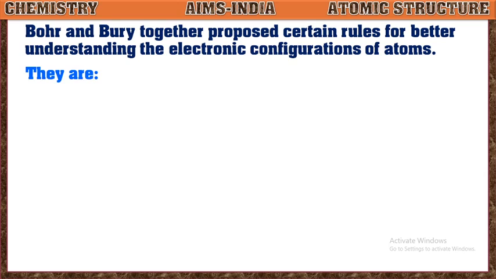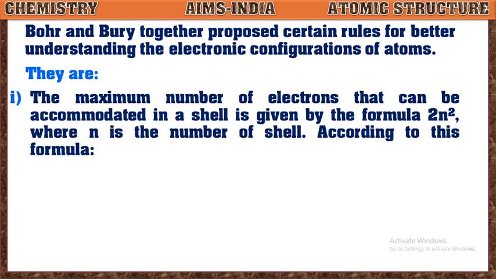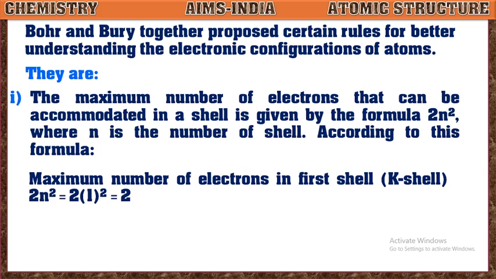The first one is that the maximum number of electrons that can be accommodated in a shell is given by the formula 2n square, where n is the number of the shell. According to this formula, we can see the maximum number of electrons that can be accommodated in the first shell. If we substitute 1 in the place of n, we get 2.